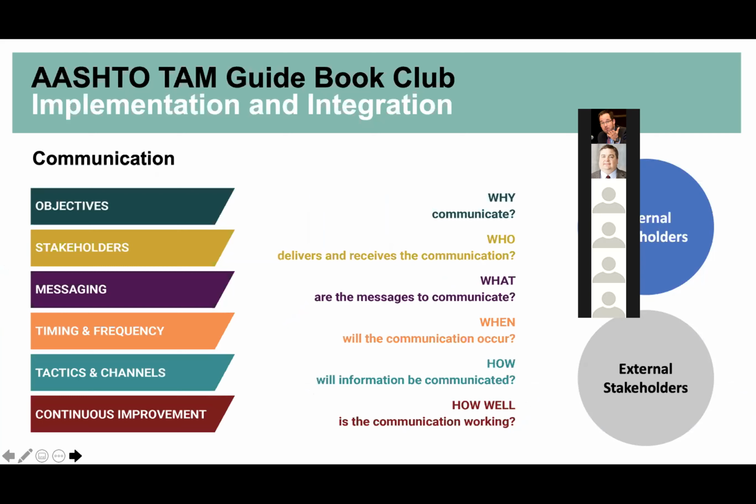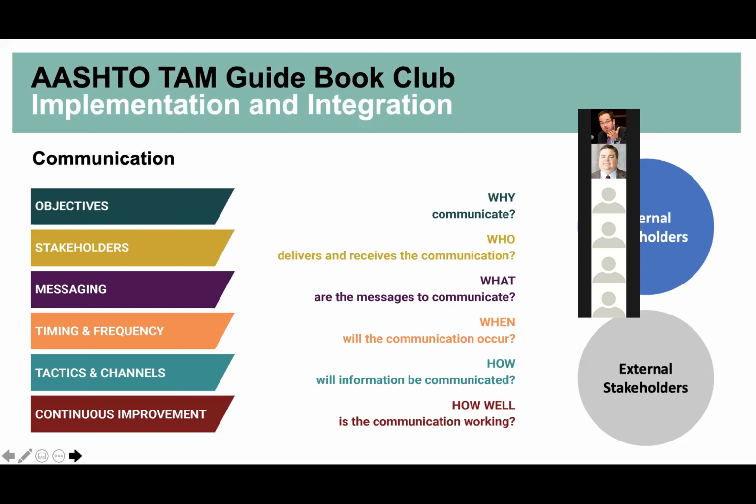So why are we communicating with them? How are they different? And what is the best way for us to get the message across, to share with them their place within the processes we want to implement, and how important it is that they help, not just from a TAM perspective, but from an overall integrated organization perspective, achieve the objectives that everybody wants to achieve.